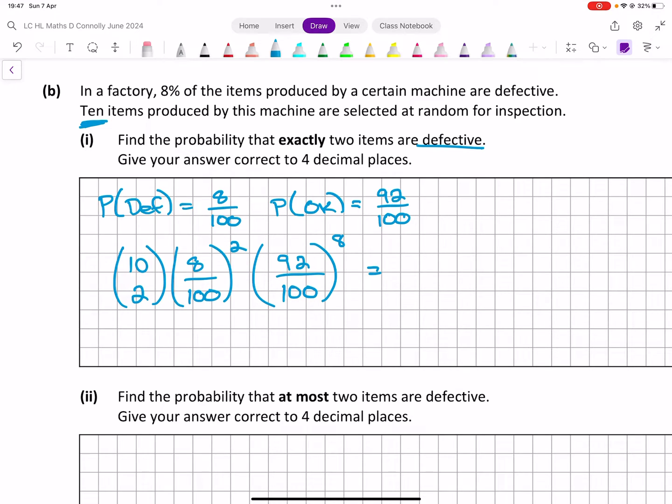So 10 choose 2 multiplied by 8 over 100 to the power of 2 multiplied by 92 over 100 to the power of 8. 4 decimal places is 0.1478.